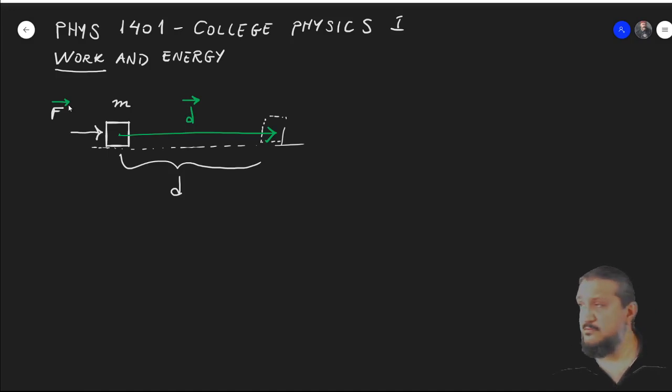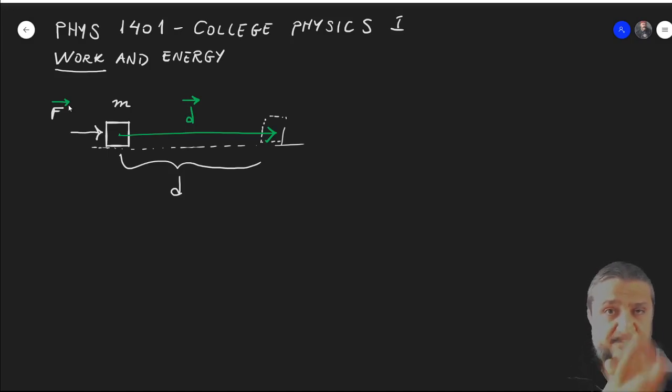Well, if your friend is helping you to push the object, let's say you're pushing a refrigerator and it's too heavy, so you call your friend for help, then maybe you're doubling F. Still pushing a distance d, but with a greater force. A greater force means more work. So the work has to be also proportional to the force.